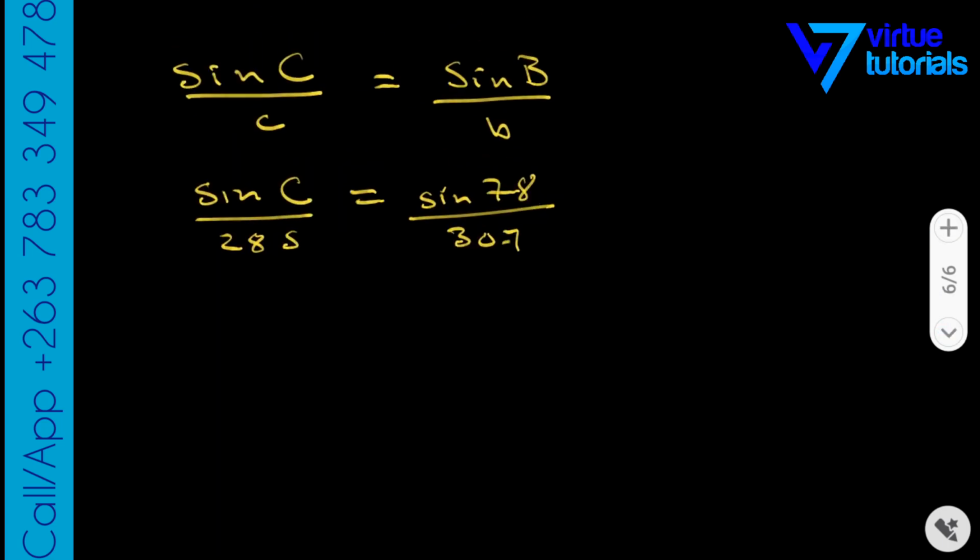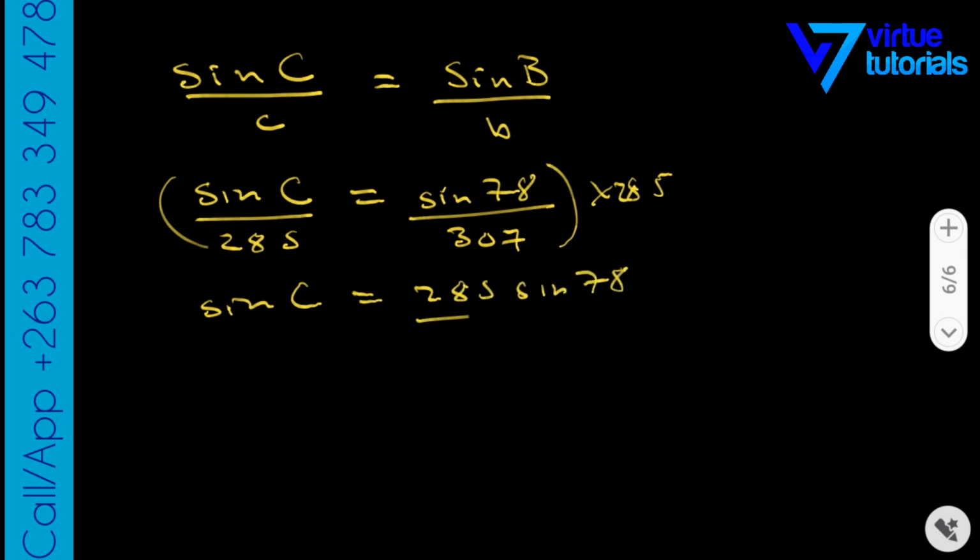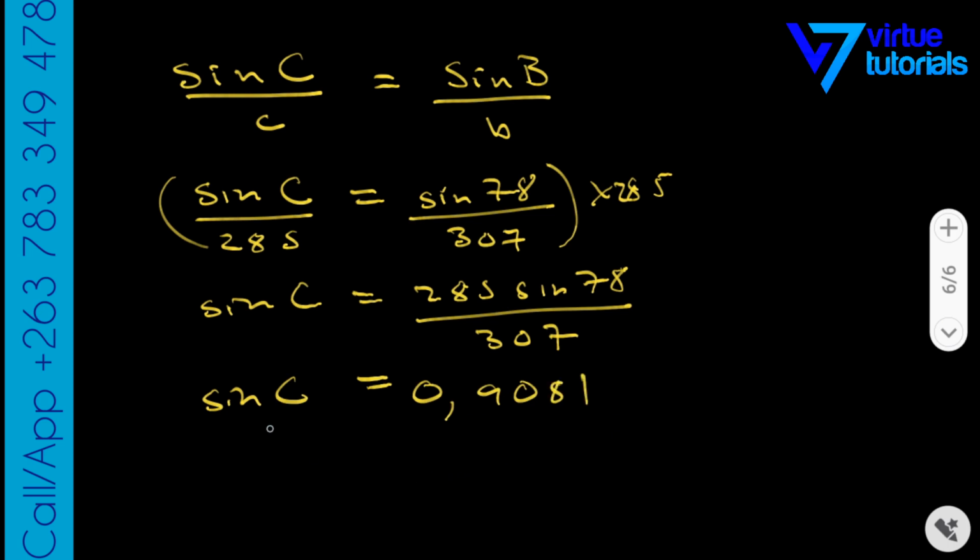So now to solve for this, I multiply both sides by 285. I get sine C is equal to 285 sine 78 over 307. So sine C will be equal to 0.9081, rounded off to 4 significant figures.